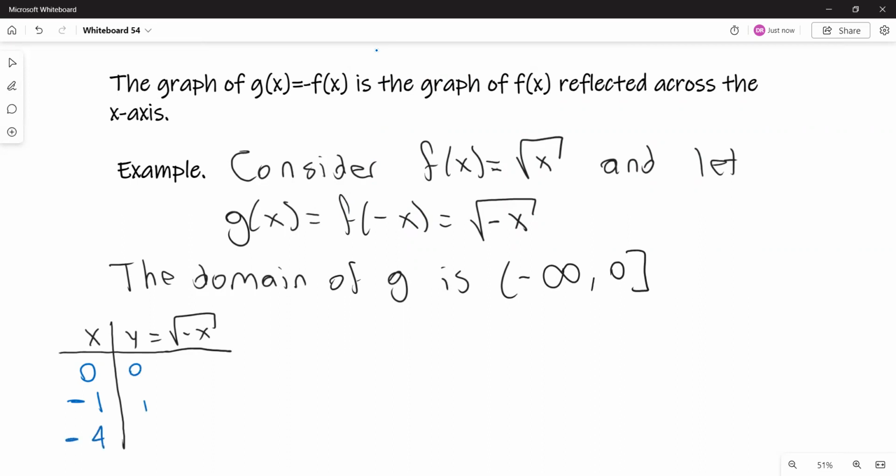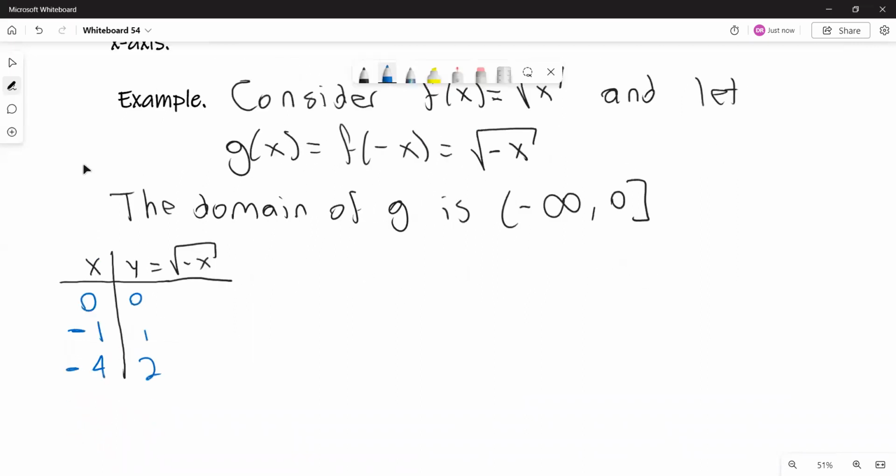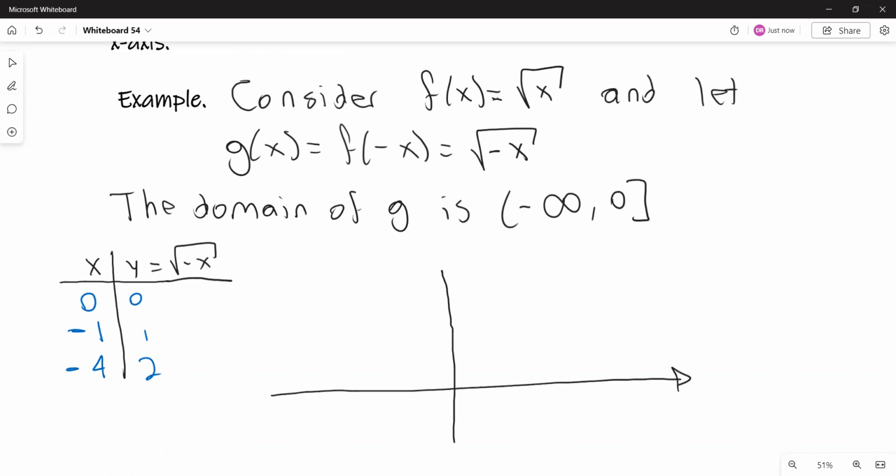And the opposite of negative 4 is going to be 4. The square root of 4 is 2. And I'm going to draw both in the same set of axes, the square root function and the function defined as the square root of the opposite of x.